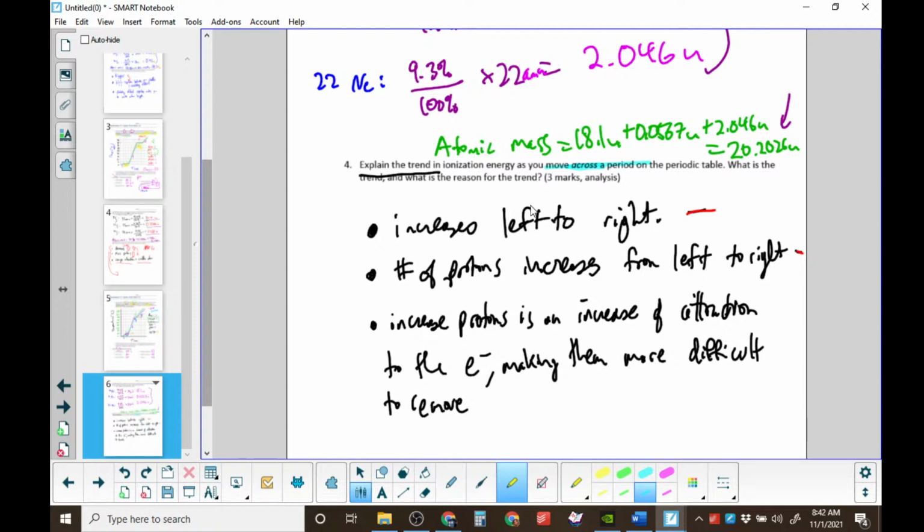You've given me a trend I haven't asked for, and your statement about it is incorrect. Or you start talking about, as I move down a family, there's more shells, and so you start talking about the shielding effect. Now, all of that is irrelevant. I didn't ask for it. And if any of it's wrong, I can't ignore it. Because if you said something that's incorrect, then you actually don't understand trends on the periodic table in this answer.